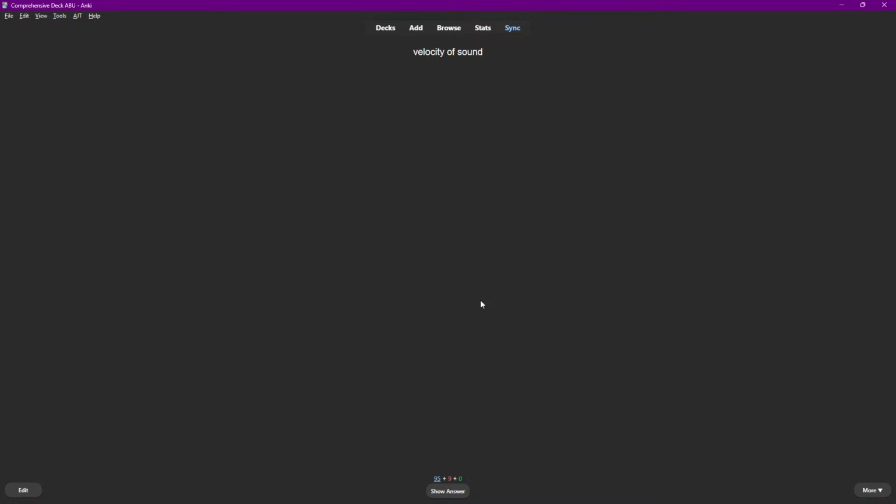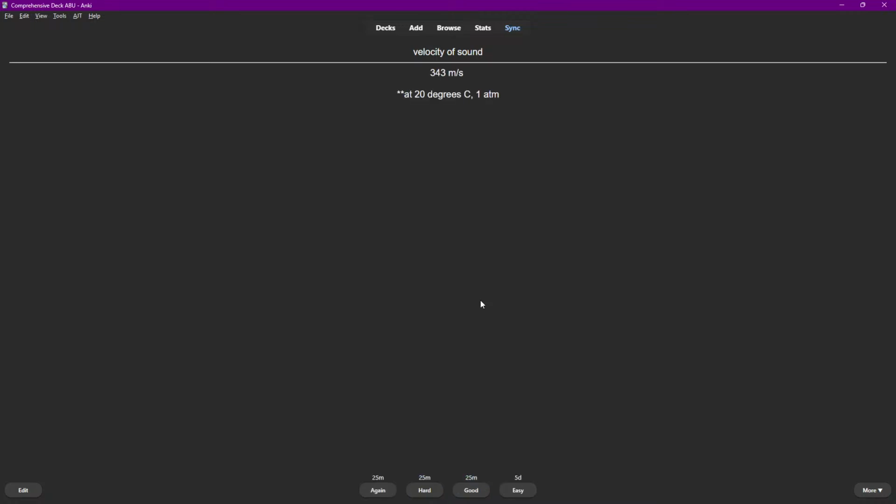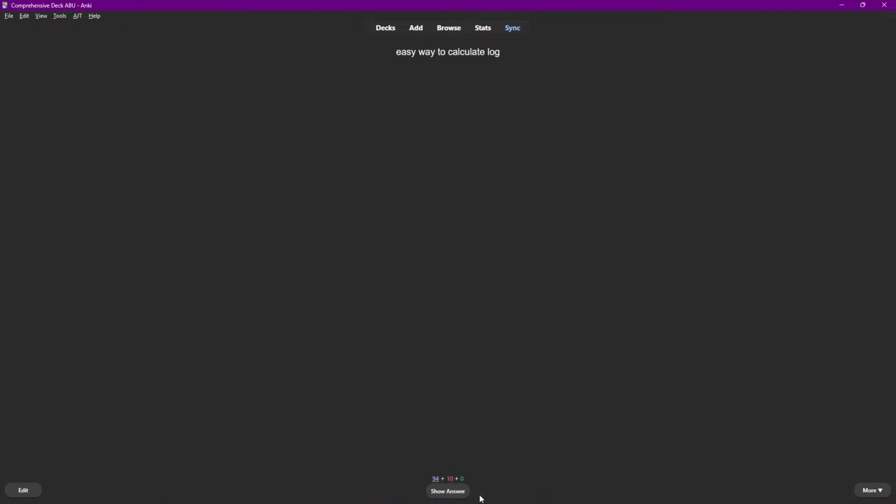V equals frequency times wavelength. Oh, it was asking for the value. I knew that value. I thought it was asking for the equation. But I knew it was 343 because I always had to do Doppler effect problems with that value. That was always a pain. And sadly, it wasn't on my final that I studied so hard for. Alright. I knew that one.